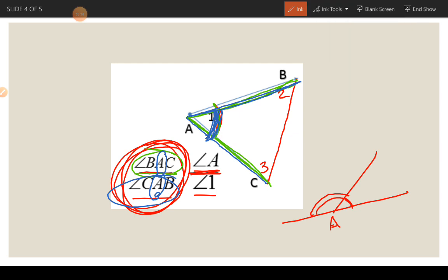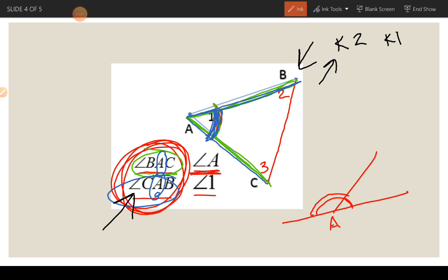If I was gonna label this angle right here, I could label it angle. And now I write the angles with a little symbol in it. Sometimes they have them, sometimes they don't. It just really depends on the textbook and the program that you're using. So I could label this angle right here. I could label it angle 2.